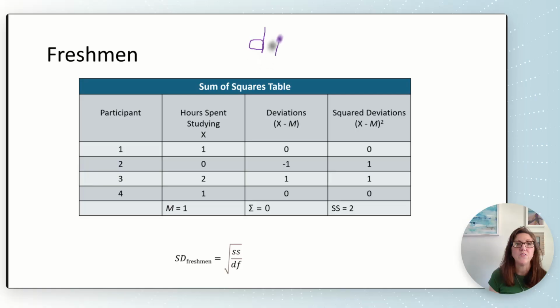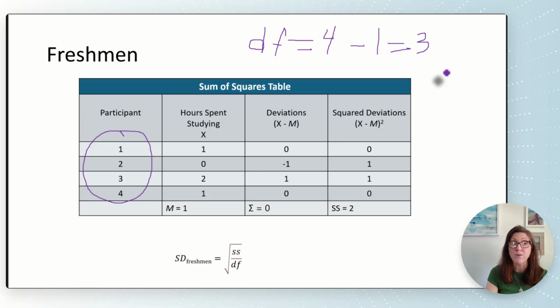In this case, because we have 4 participants, it's 4 minus 1. That's the value that goes into the denominator of our standard deviation formula. And we're going to use the same degrees of freedom for all 3 groups because there's 4 students in each of the groups. So our degrees of freedom is 3.